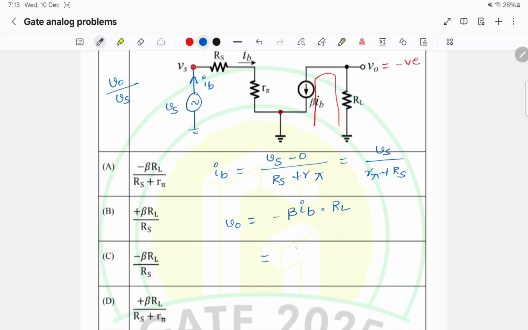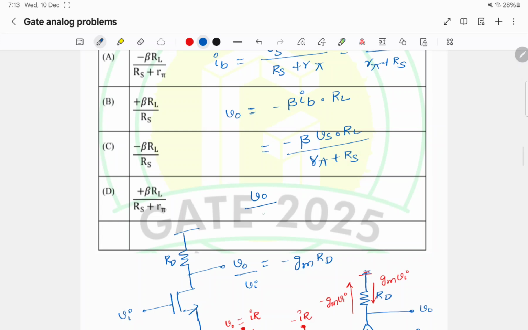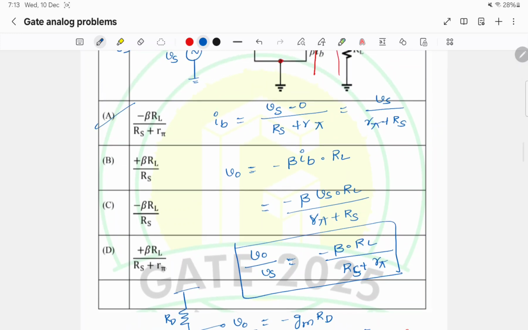If we put in the IB value, it will be minus beta Vs into RL by R pi plus Rs. So V0 by Vs is minus beta RL by RL plus Rs plus R pi. That's the first option.